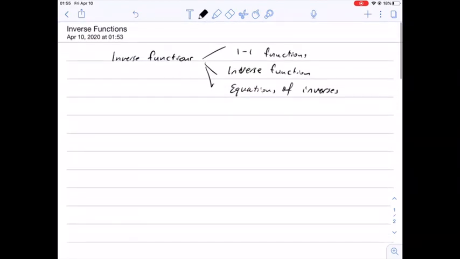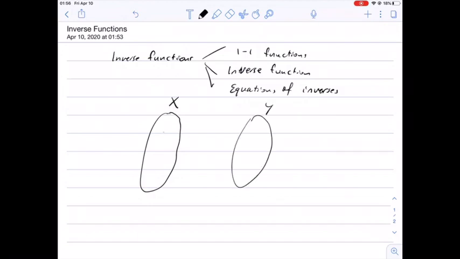So let's start with explaining what we mean by a one-to-one function, and then we'll talk about the relationship between one-to-one functions and inverse functions, or why we need to study one-to-one functions. So let's start with the following relation.